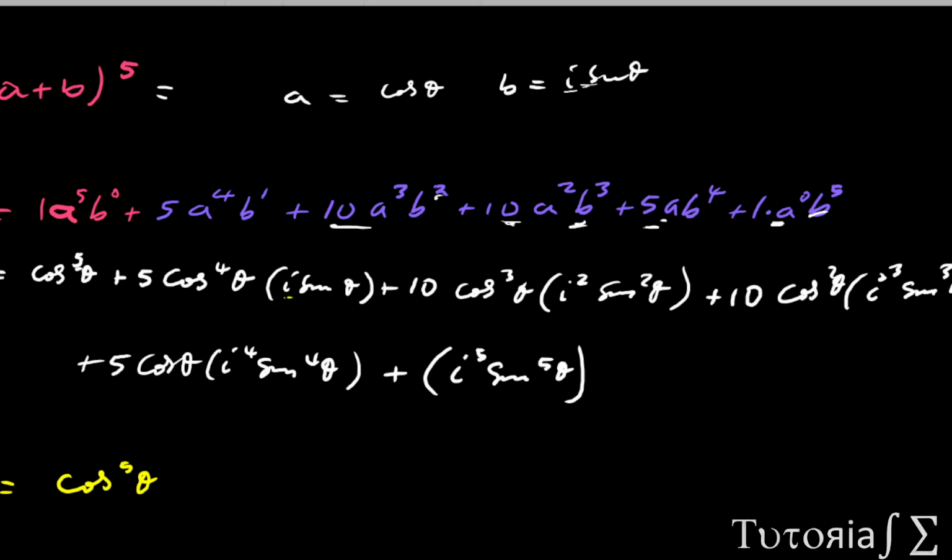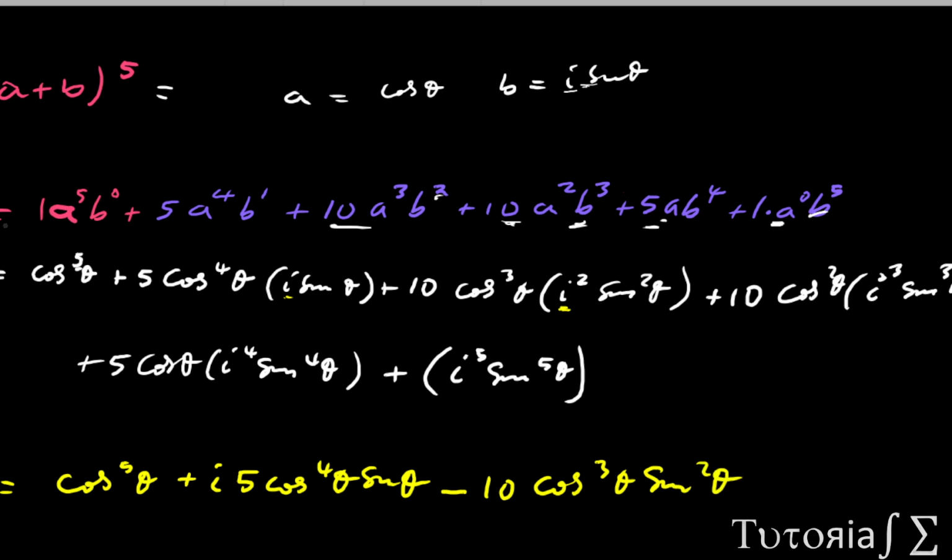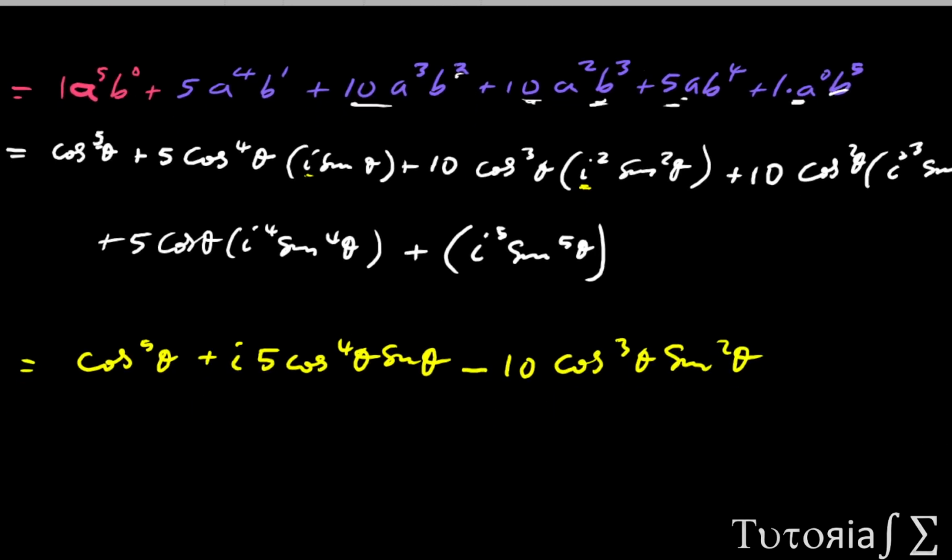So now from here we just simplify, so we have cos to the 5th theta, then this will simply be I, so the I will go outside, so that will be plus I 5 cos 4th theta sine theta. Then we also have I to the power 2, which is just simply negative 1, so this will be negative 10 cos third theta sine squared theta. Then we are going to have plus here.